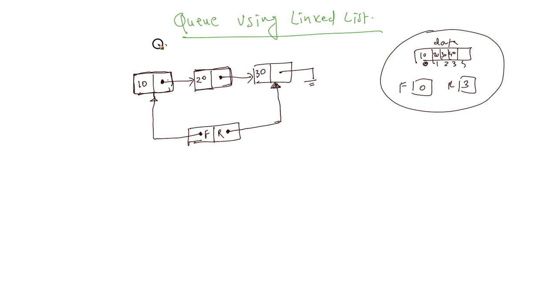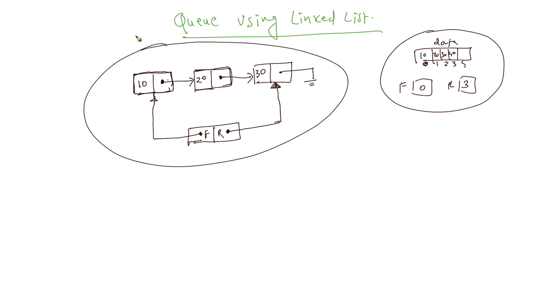And this complete structure is called a queue. So here if you observe, there are two things. One is this linked list, and then this variable. This variable I'll call queue, and inside this queue variable I have two pointers. One is F and the other is R, right? F and R.